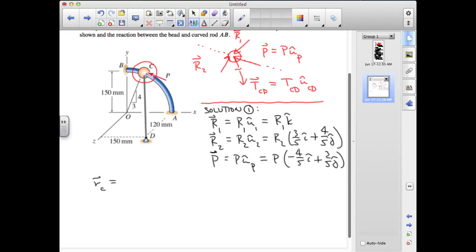So let's just first note that the position of C can be found from the radius of this quarter circular rod. Again, on the unit vector that goes from E to C, and that's 3/5 I plus 4/5 J.